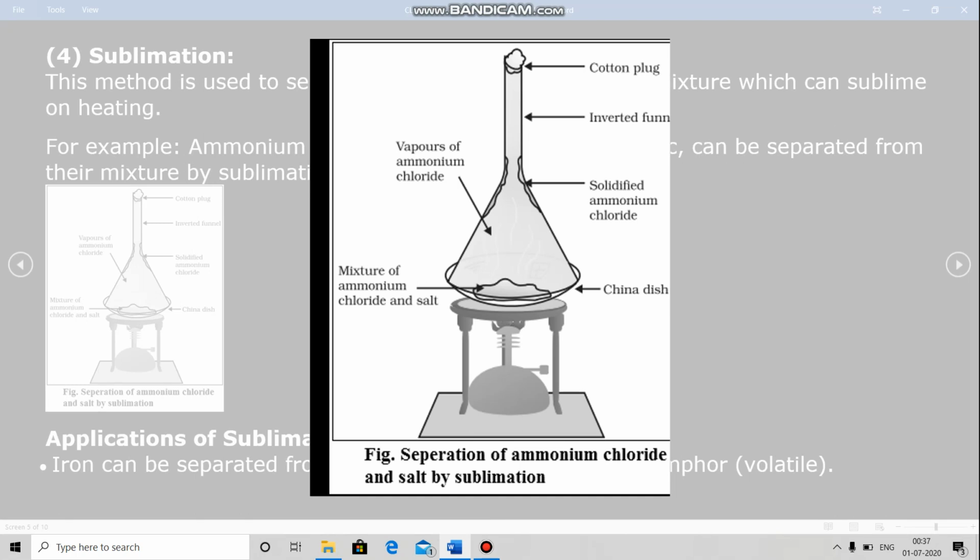This shows that ammonium chloride is separated from the salt. Because salt is not a sublime material, but ammonium chloride is, so it is directly converted from solid to gas and gas to solid. So from this technique we can separate ammonium chloride from salt.